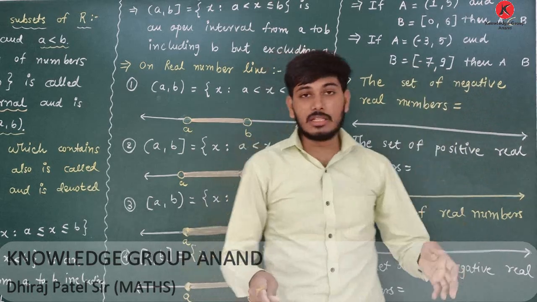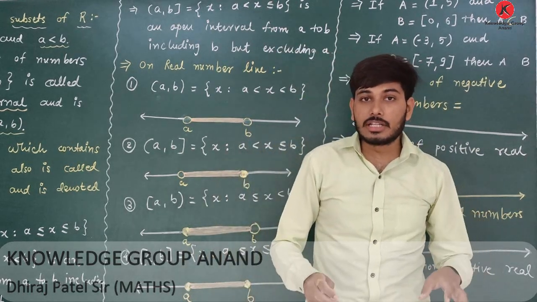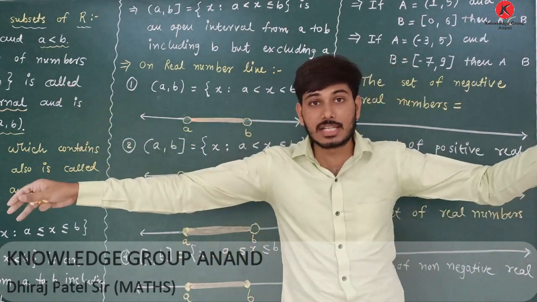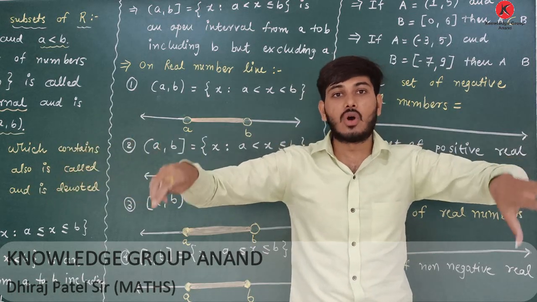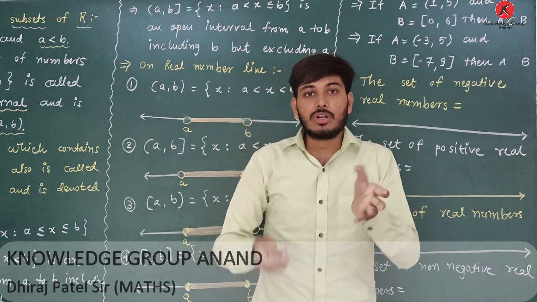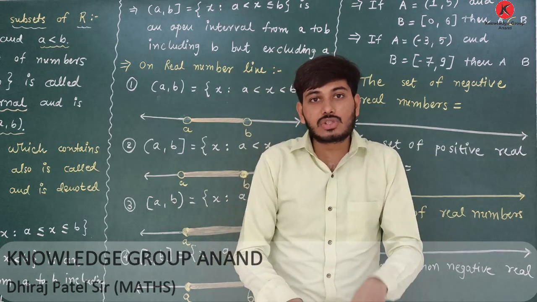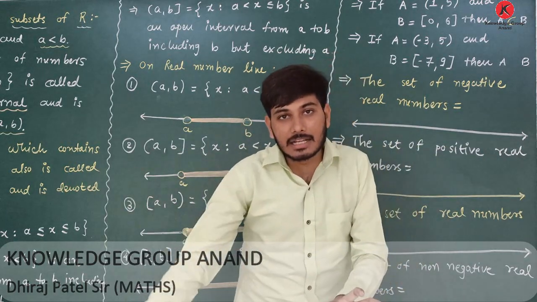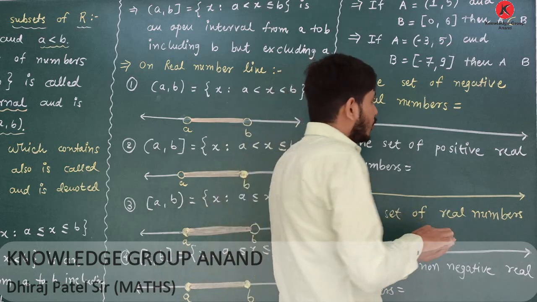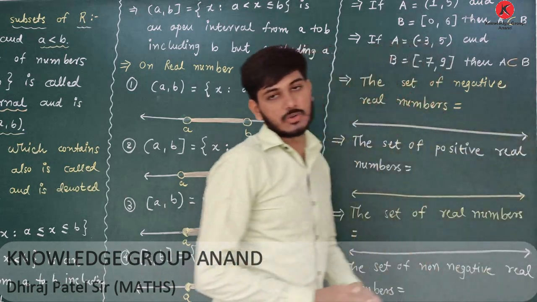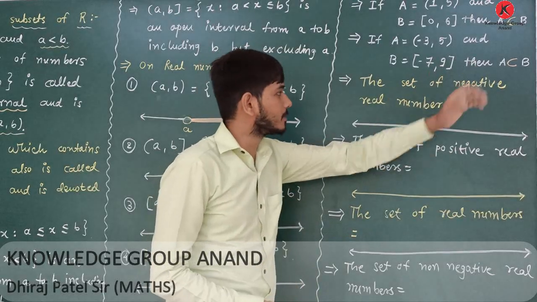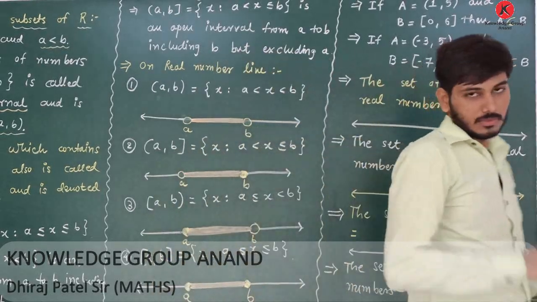And set B includes all the real numbers that lie between -7 and 9, including -7 and 9 also. Therefore, all the numbers of set A are in set B. Therefore, we can say that A is a subset of B.